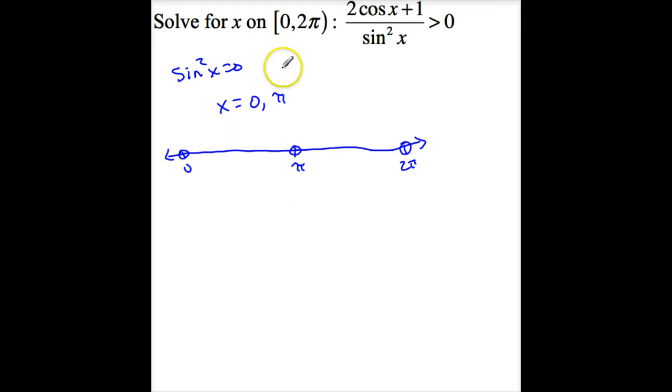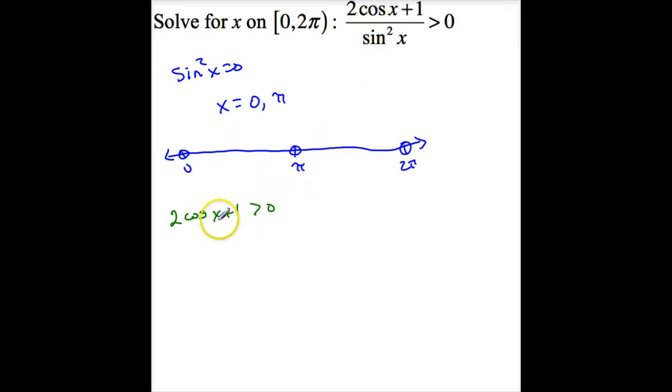Now I'm going to look at the numerator. 2 cosine x plus 1. Now, sine squared is always going to be positive or 0, and I've already pulled out the points where it's 0. So basically, I just need the numerator to be positive.